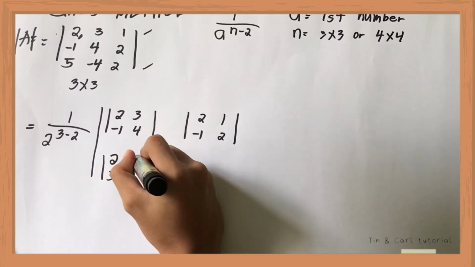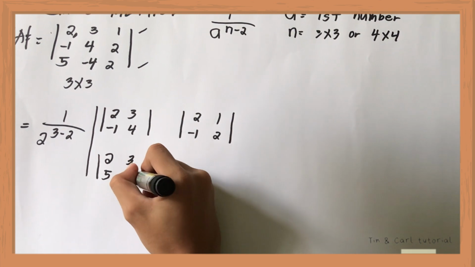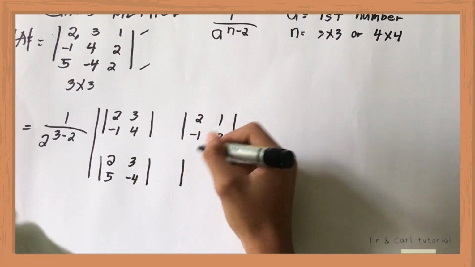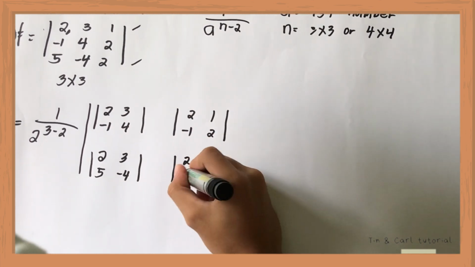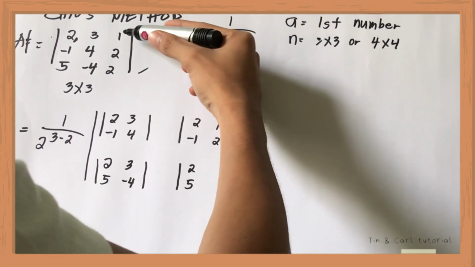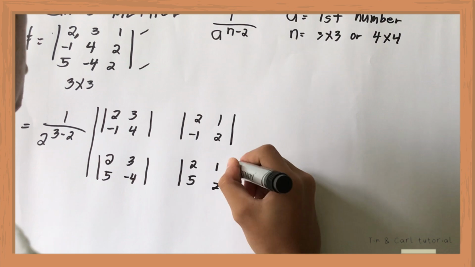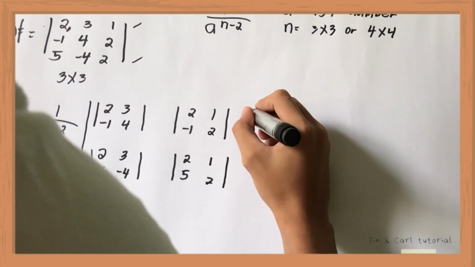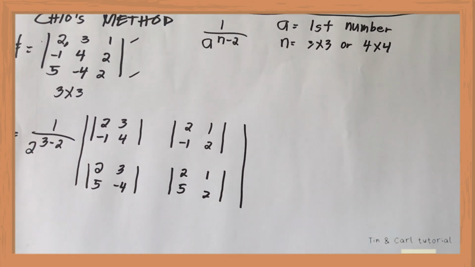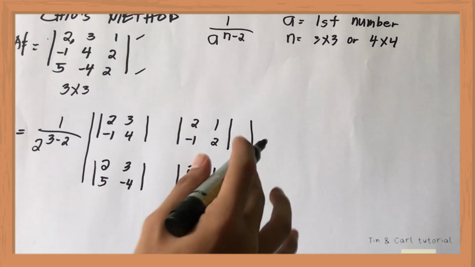First and third row, which is 3 and negative 4. 2, 5. First and third row, 1 and 2. So, ang next step nyan is kunin ang determinants ng 2x2 ito.